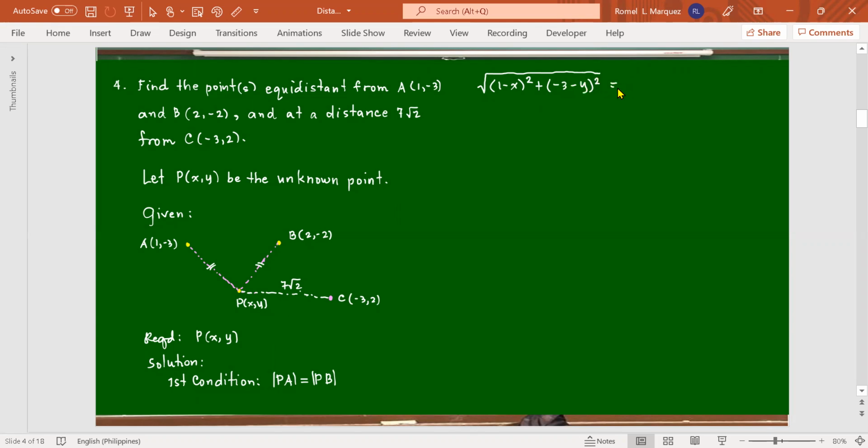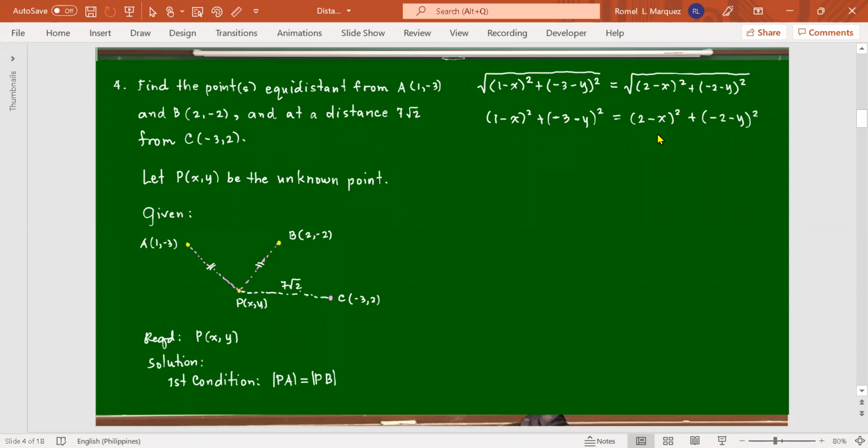So that is the left side. What about the right side? P going to B. So that is 2 minus X quantity squared plus negative 2 minus Y quantity squared. Let's square each side to get rid of the radicals. We have 1 minus X quantity squared plus negative 3 minus Y quantity squared equals 2 minus X quantity squared plus negative 2 minus Y quantity squared.